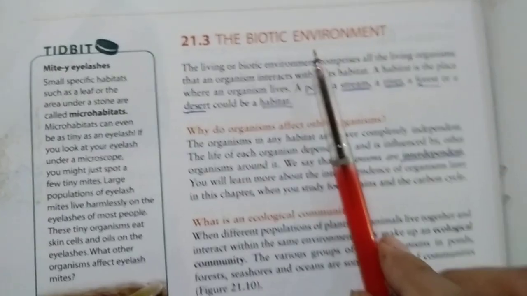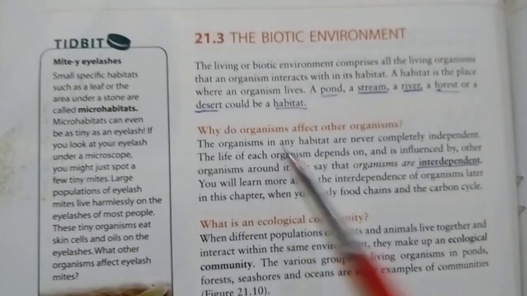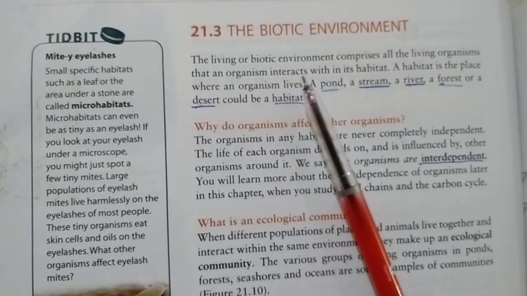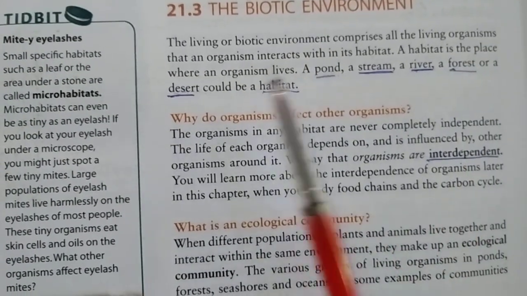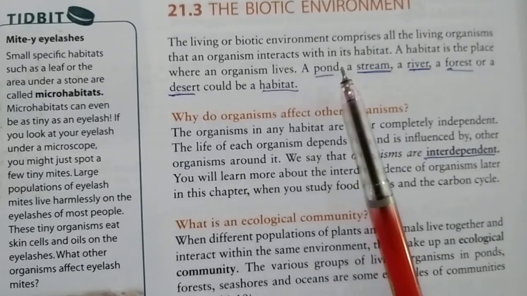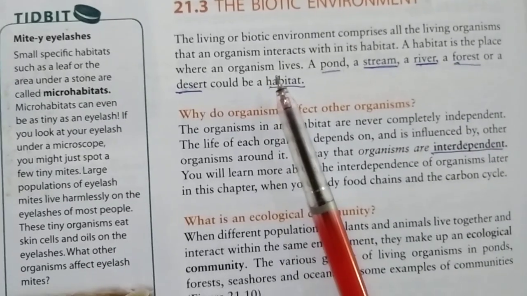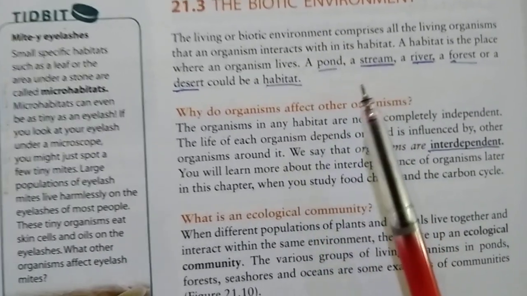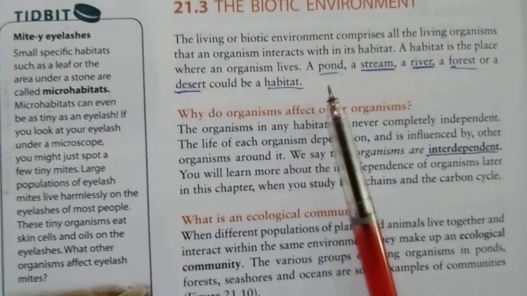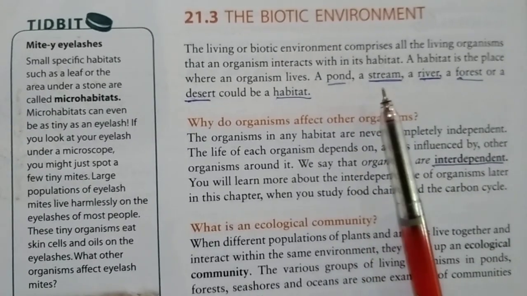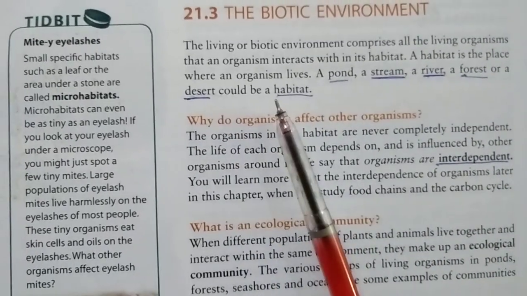The biotic environment comprises all the living organisms that an organism interacts with in its habitat. A habitat is the place where an organism lives. For example, a pond, a stream, a river, a forest, or a desert could be a habitat.